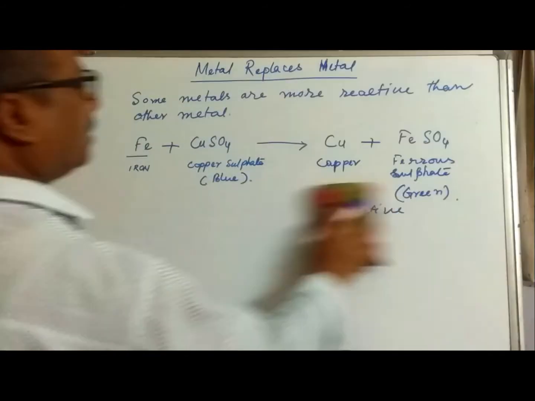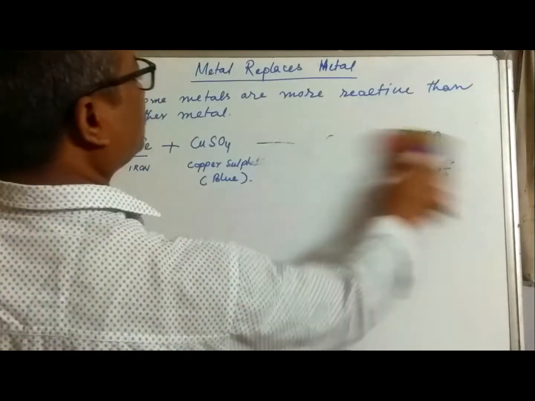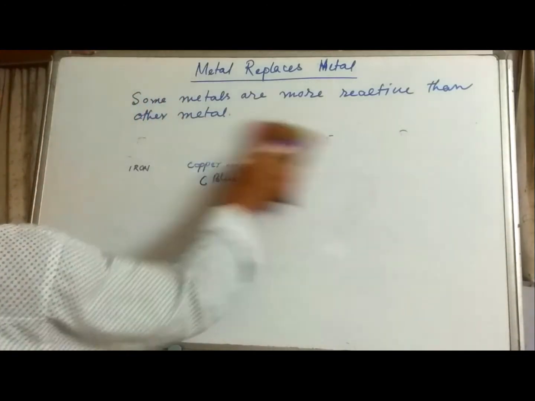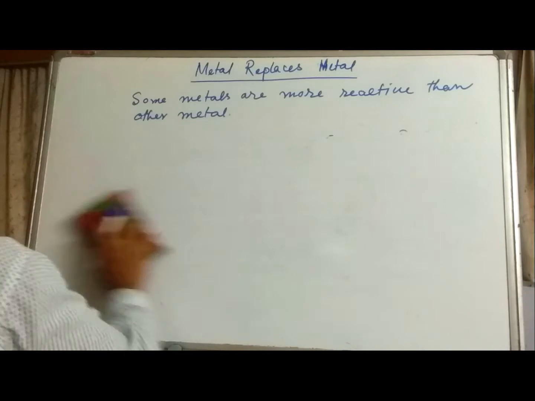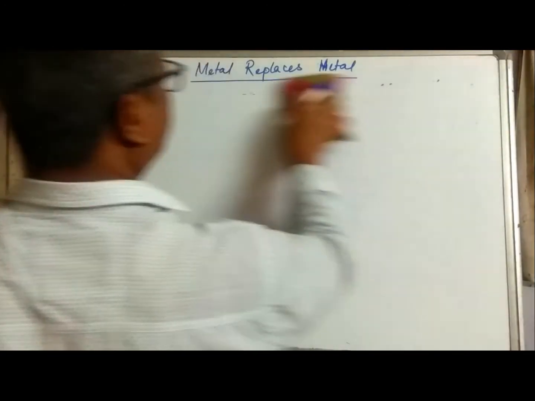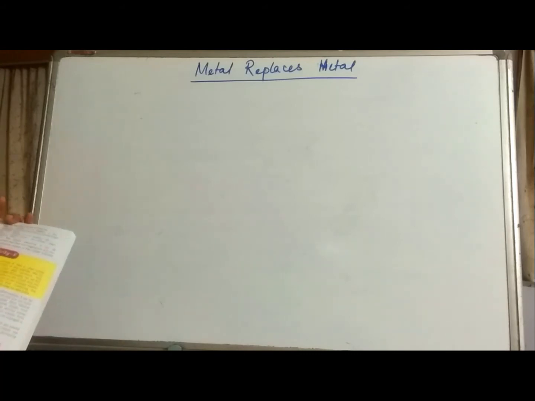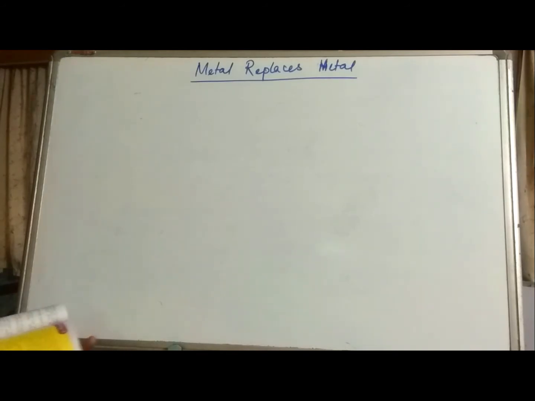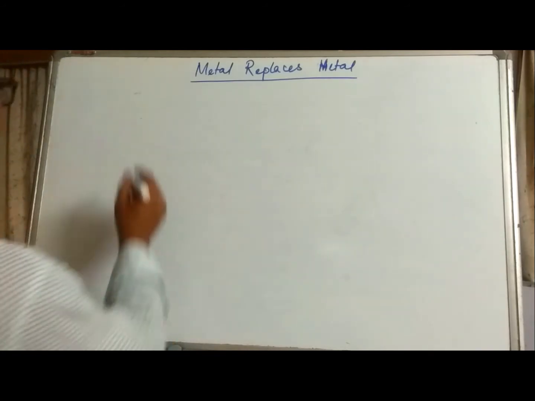Now I will give you a chart to remember which metals are more reactive than other metals. If you learn the reactivity series of metals, then it will help you to solve different chemical equations.